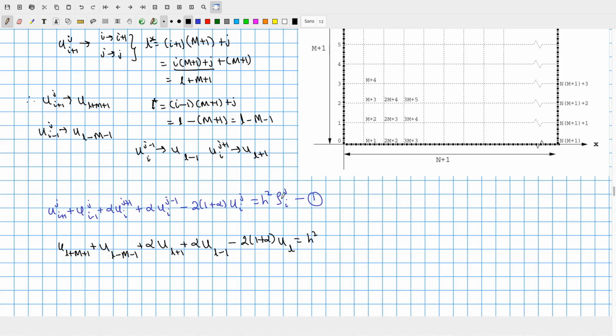And remember, this will be rho of ij, which is nothing but rho of L.